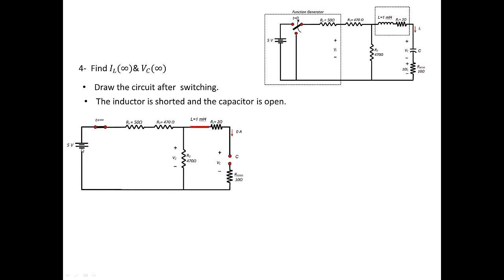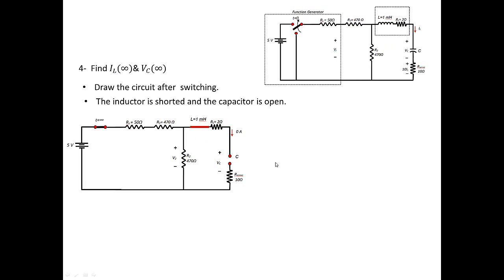So what we're going to have here is the 5 volts, and then this is going to be shorted. Then we're going to have the 50 ohm in series with the 470 ohm, which is in parallel with that. The inductor is shorted, the capacitor is open. Basically, we transform this circuit into that, making sure that after switching the inductor is shorted and the capacitor is open.